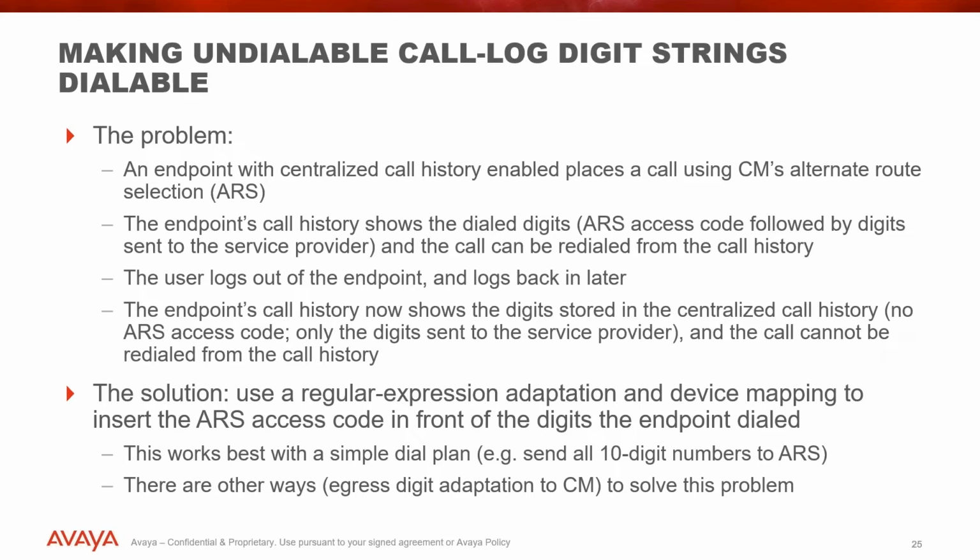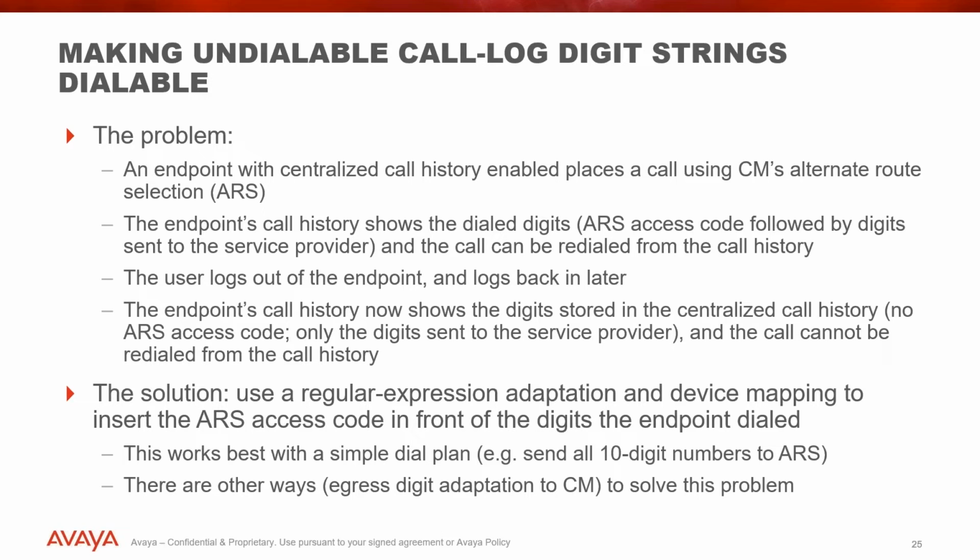But what's actually stored in the Session Manager call history could very well be an E164 number. So +1 followed by 10 digits. And when you click on that entry in your call history, it's not dialable. That's not part of your dial plan. You need to insert the ARS access code. You don't want the plus in there. Just the digit string that was stored there is not dialable.